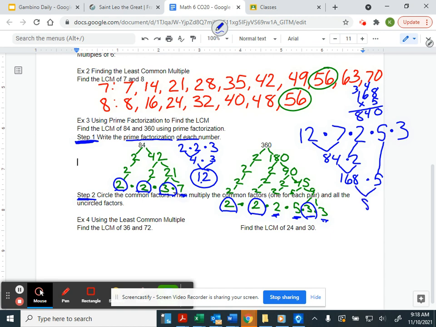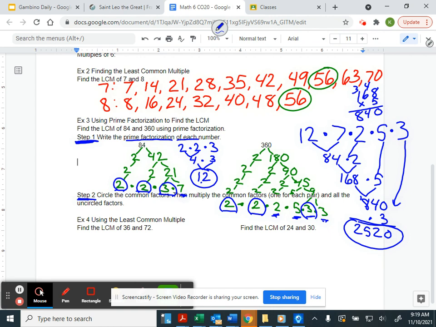So that gives us 840 times the 3. 3 times 0 is 0. 3 times 4 is 12. 3 times 8 is 24, plus 1 is 25. Holy smokes, look at that. Least common multiple. Why do you think we wanted to do prime factorization with this one, Brielle?